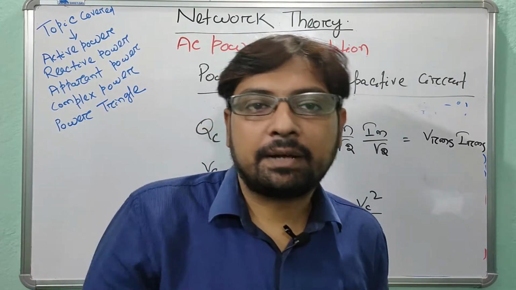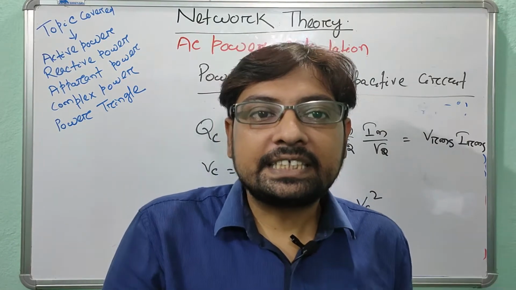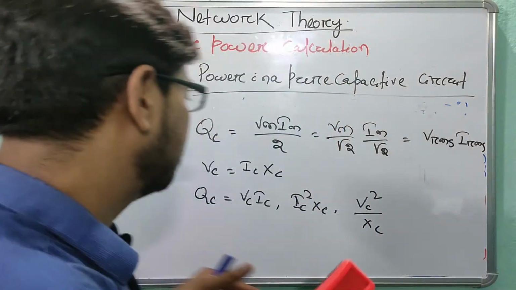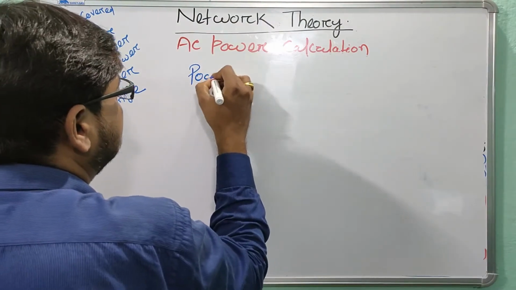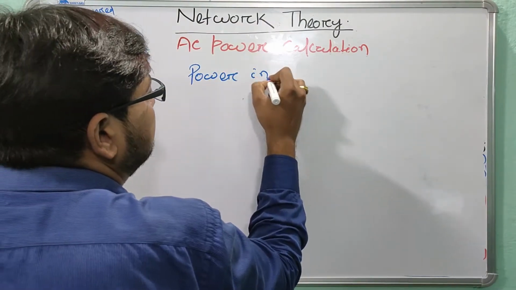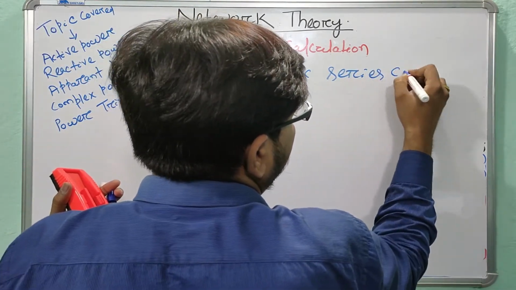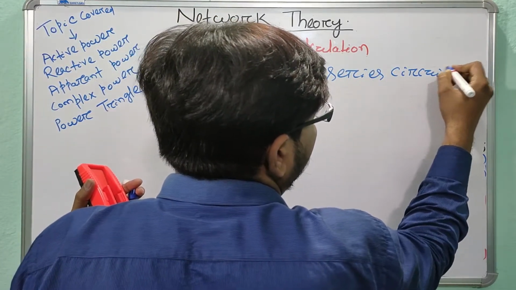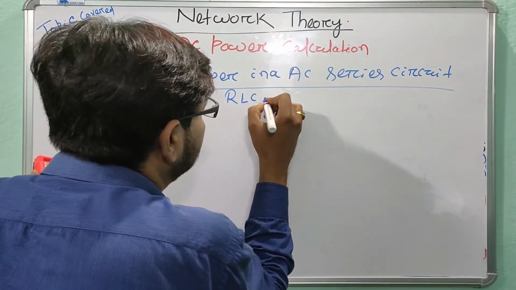Now we derive the generalized equation, that is power in an AC series circuit. So let us discuss power in an AC series circuit. For a series circuit I will take an RLC series circuit.